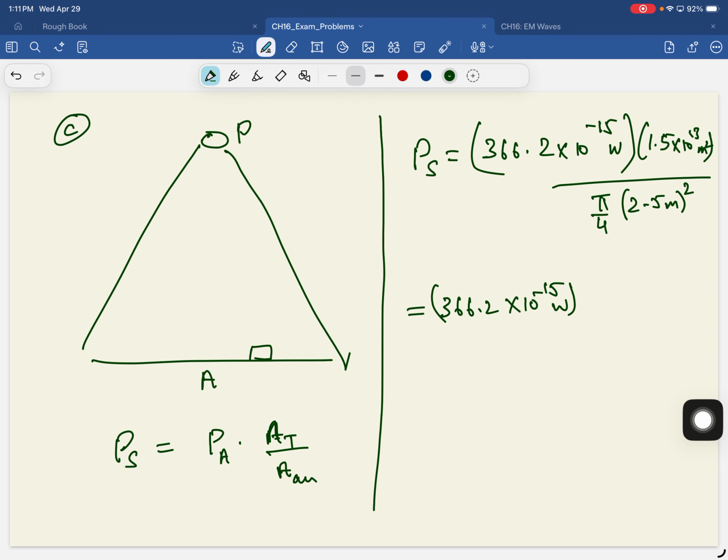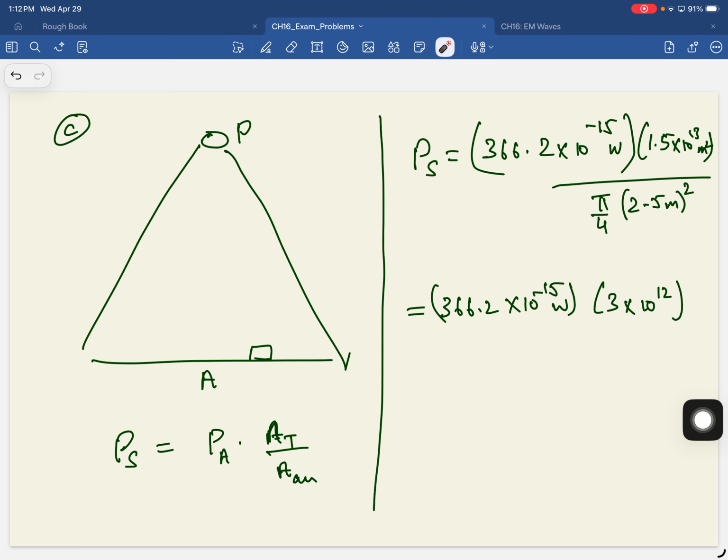That is the power received by each antenna. So it's essentially 3 trillion antennas you could cover. That's how much area the signal is coming to.